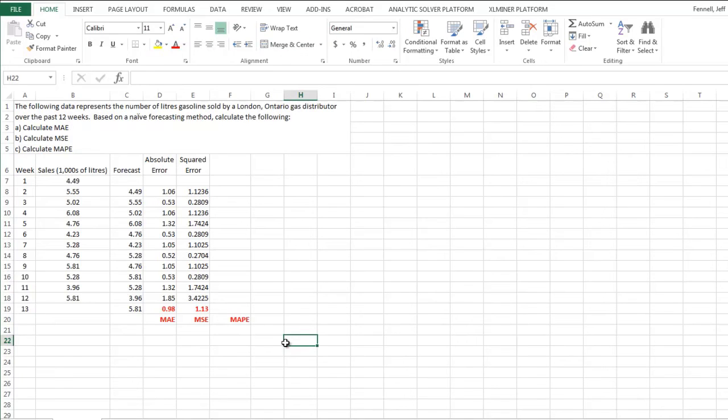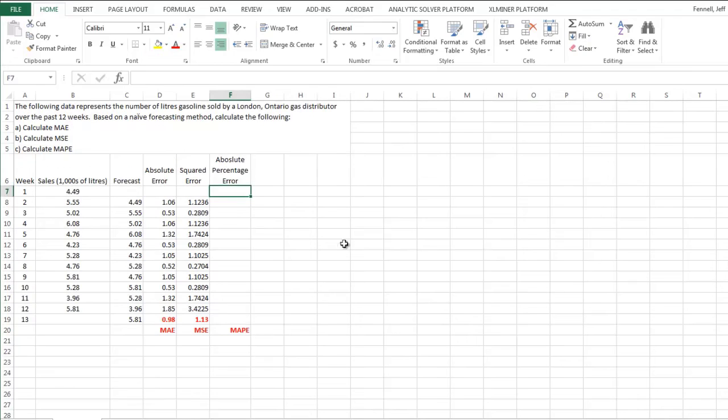Our final measure of forecast accuracy is the absolute percentage error. And with this one we have to be careful, as anytime we are calculating a percent, we need to know what we're using as the appropriate numerator and denominator. So we want to involve our error. Now remember, this is always based on what actual sales are.